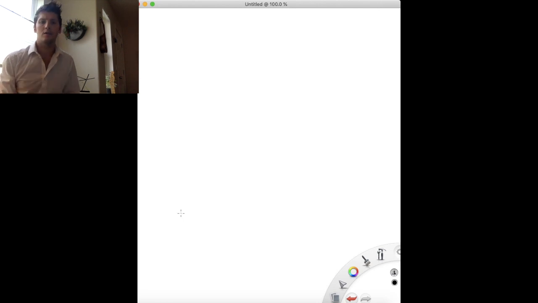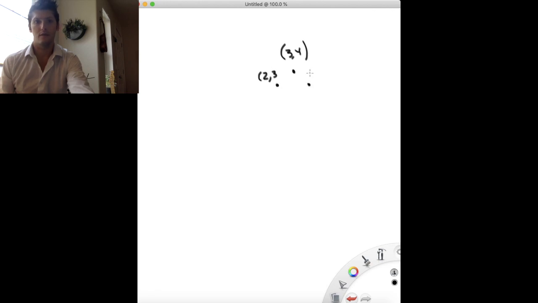But essentially, just to finish up here, if this is the top, which is 3, 4, what I'm noticing is we have 2, 3, and we have 4, 3, and then we get it to be steeper.